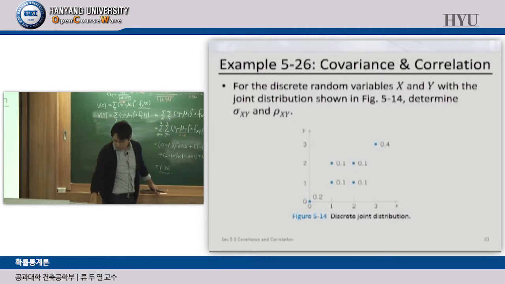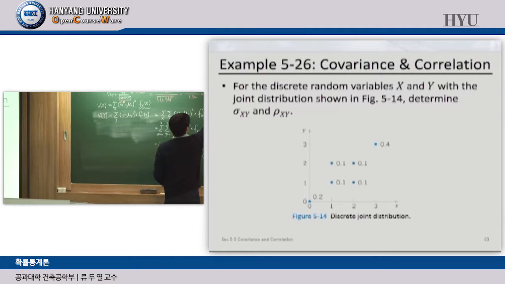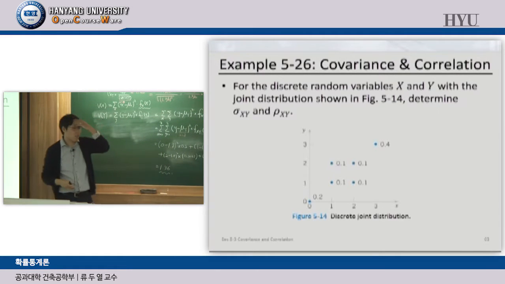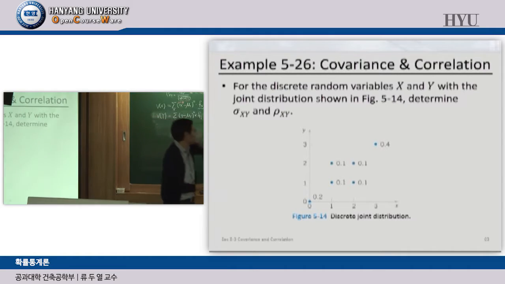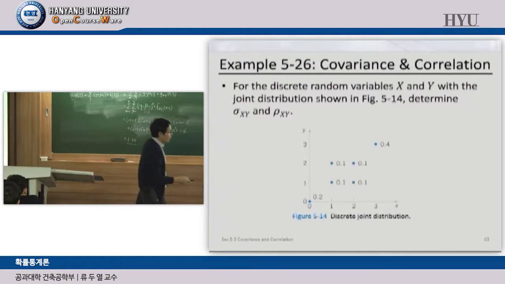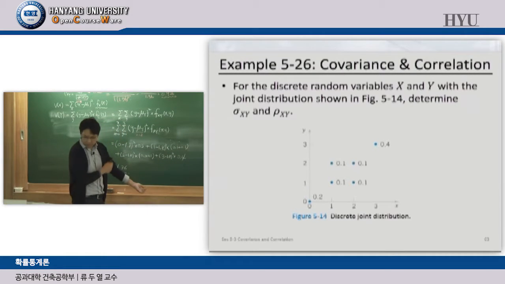And if you calculate this, the answer is 0.926. Okay? Which means that the two different random variables, x and y, have a relationship in the positive direction. Okay? So this is the answer for this question.